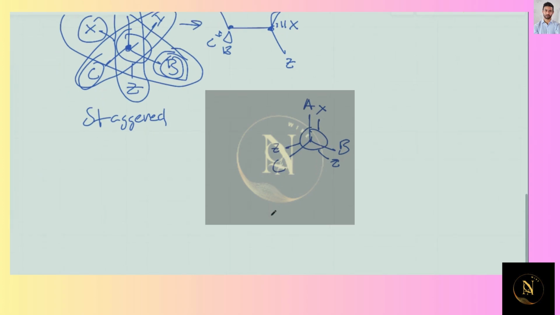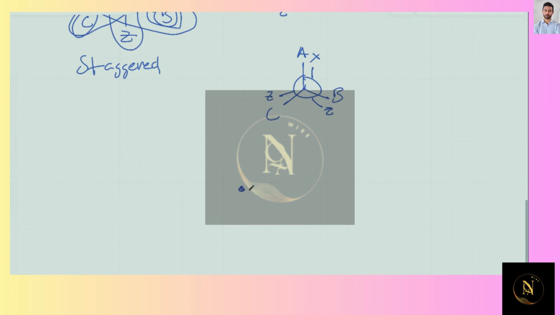So I'll still go from left to right. I'll go the front carbon with A, B, and C attached, and the back carbon with X, Y, Z attached. But now I'll go up and to the left with A, and up and to the right with X, to represent the fact that they're basically overlapping each other.